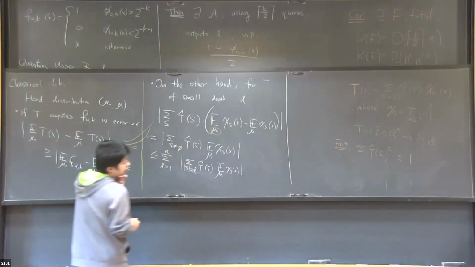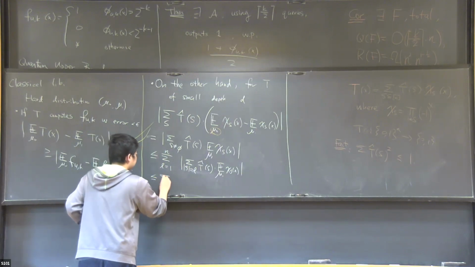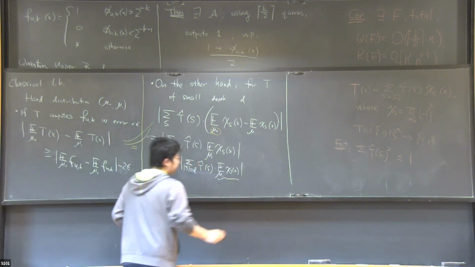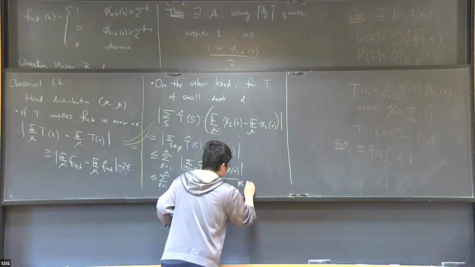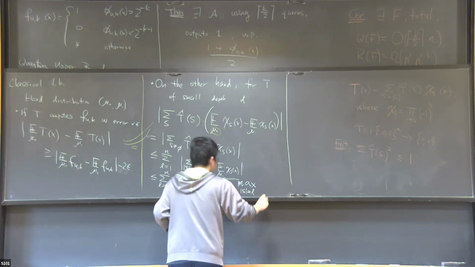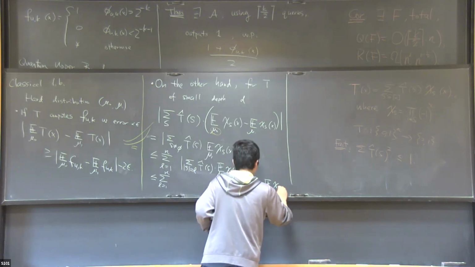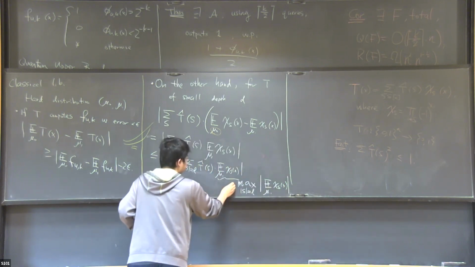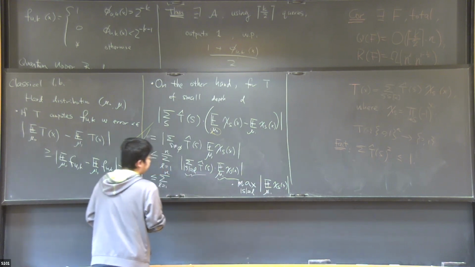There are various ways to do so, but here we take the maximum of this expectation, and then multiply it by the sum of this part.